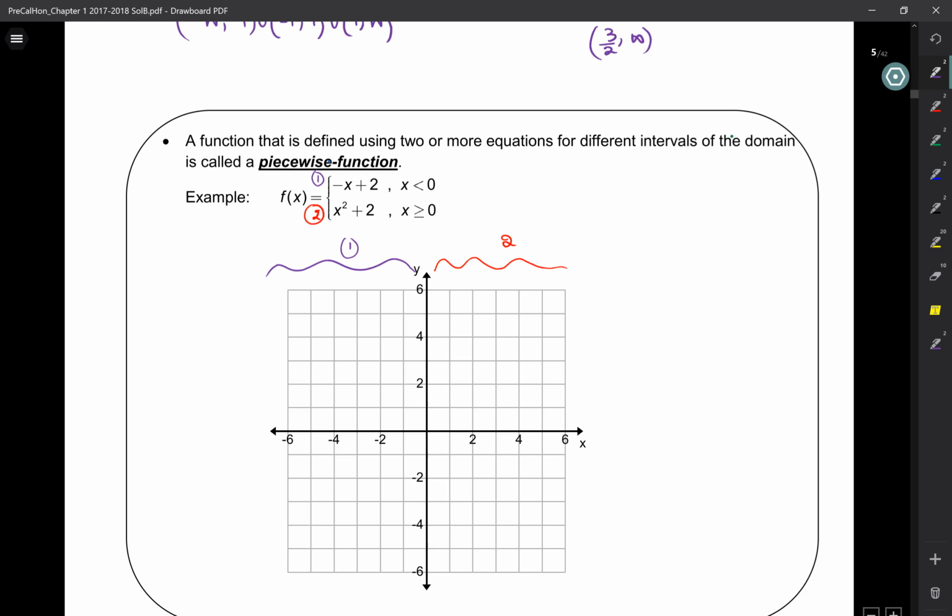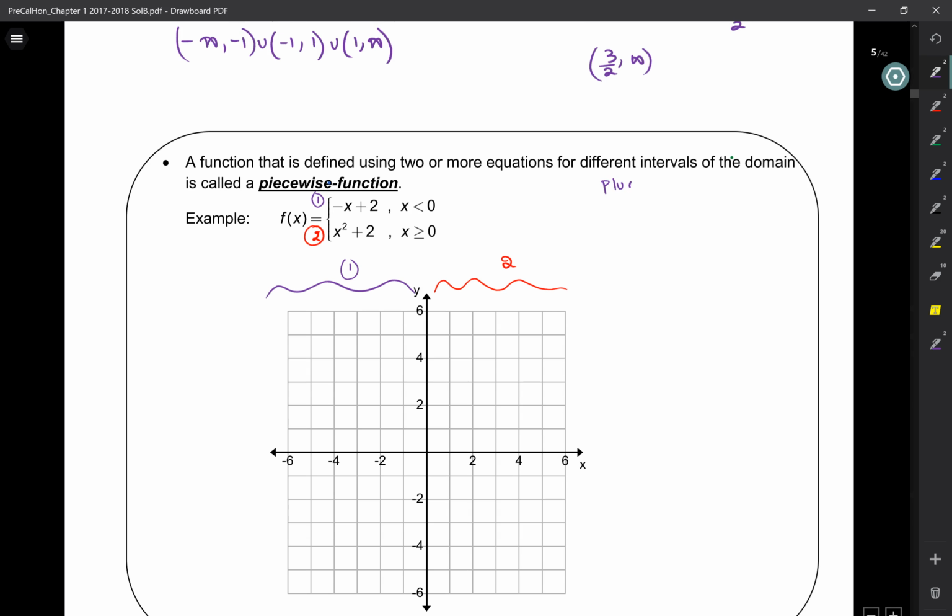Let's graph function 1. You can do it any which way. One thing that you've got to do is plug in boundary points. Where is the boundary here? At x equals 0. The boundary splits at x equals 0.